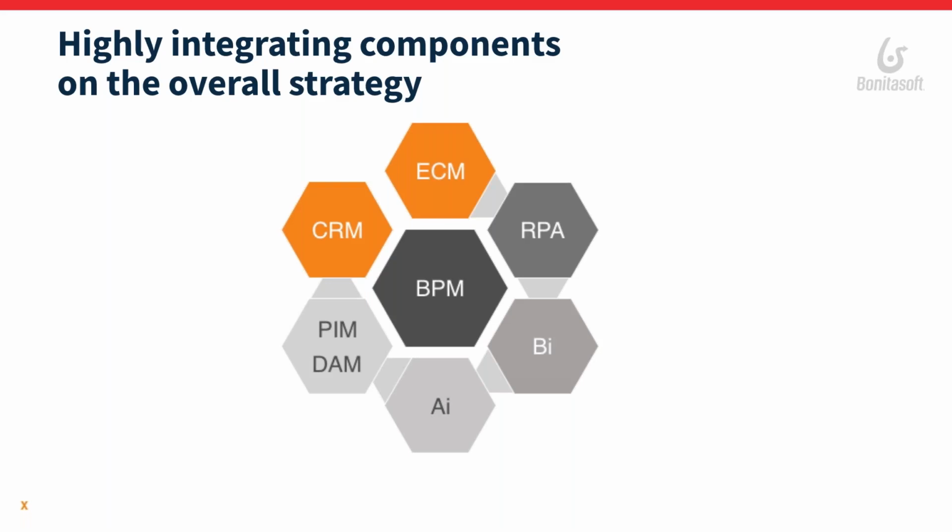So BPM allows you to have a single point of entry, a single user interface, but behind the scenes, a typical successful project or process integrates with a bunch of things, be it an ERP or legacy system, an RPA, enterprise content management, a CRM, product inventory management or digital asset management like PIM, DAM, artificial intelligence, business intelligence, so that you can have a single form, do whatever you have to do end to end, but behind the scenes you have all those vertical integrations to make it happen.